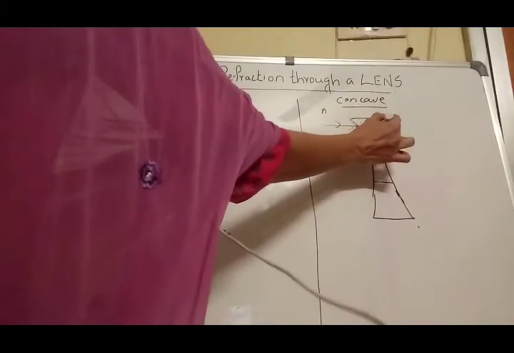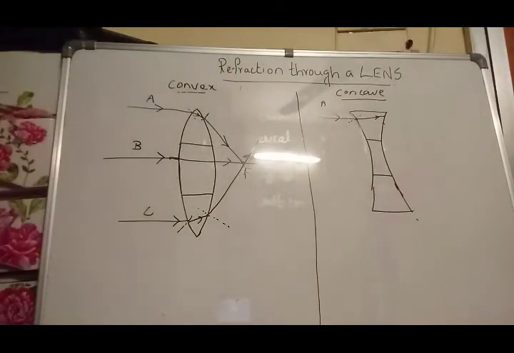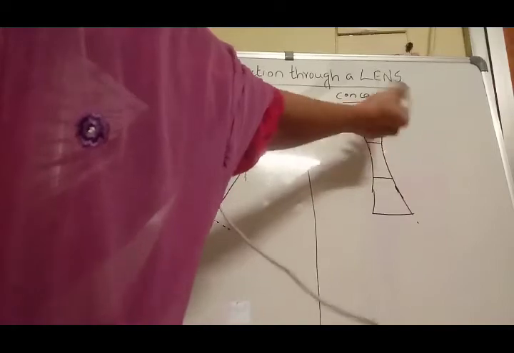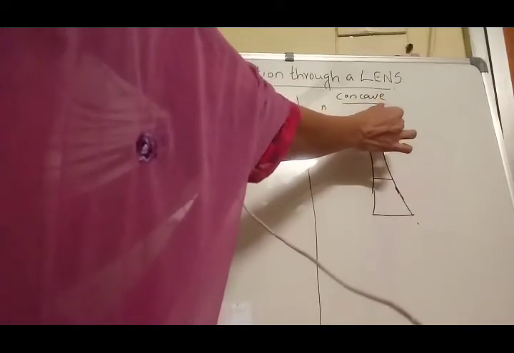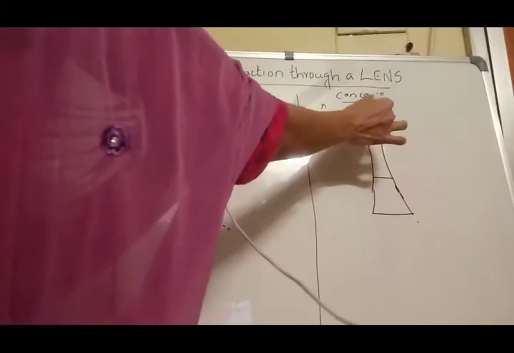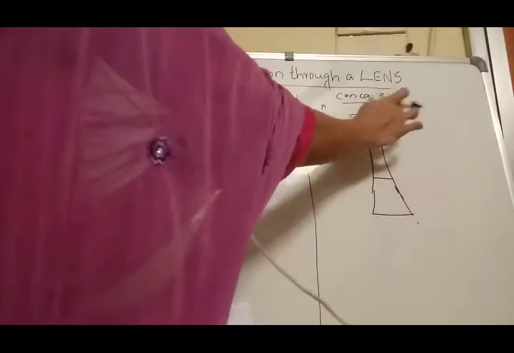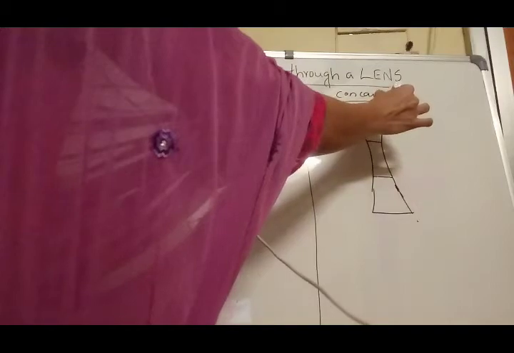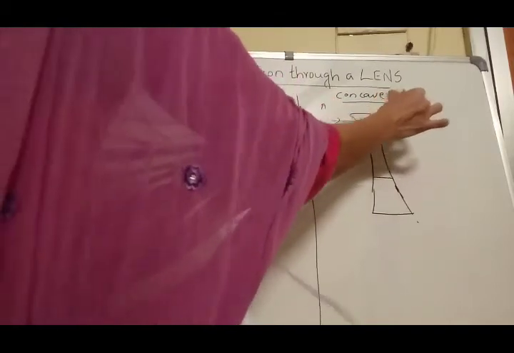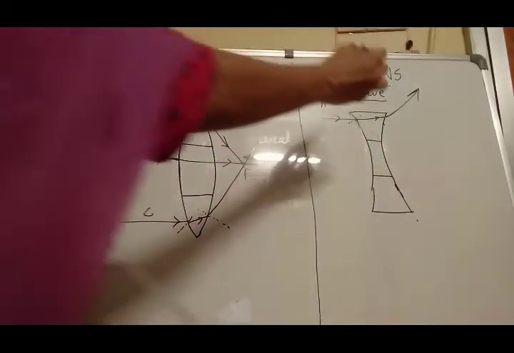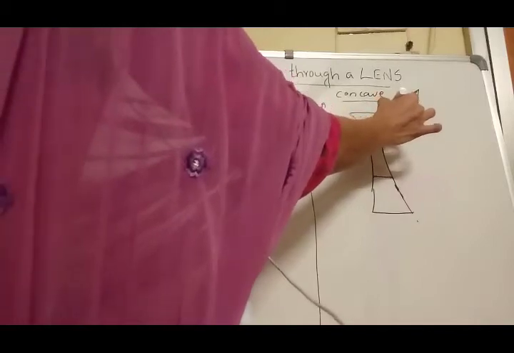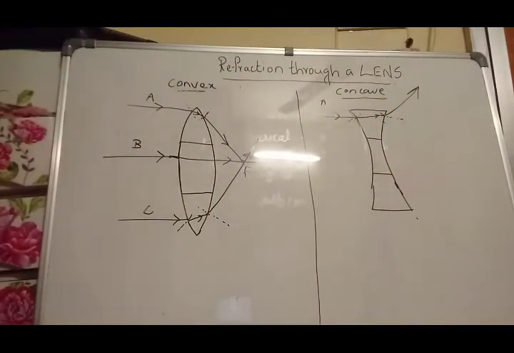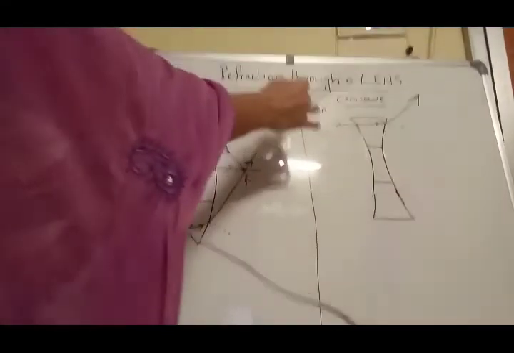It reaches the next surface, where it is trying to travel from glass to air. So you have to draw a normal here. It will again bend away from the normal, like this. That is the case of the first ray.